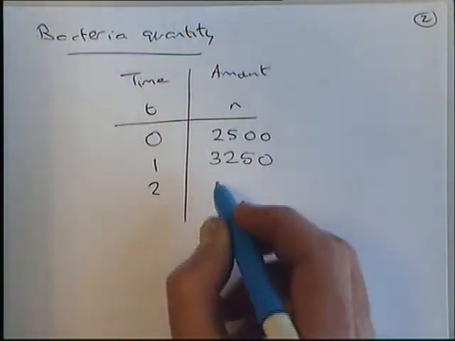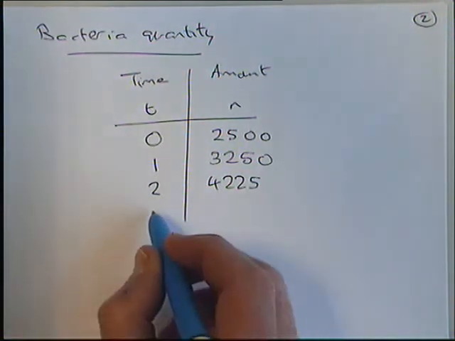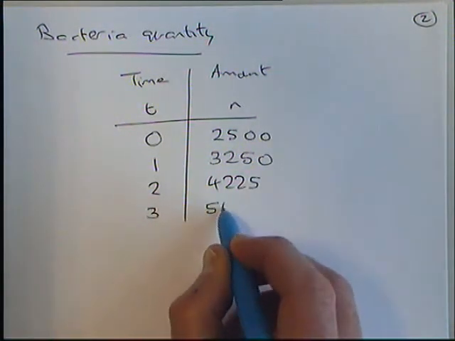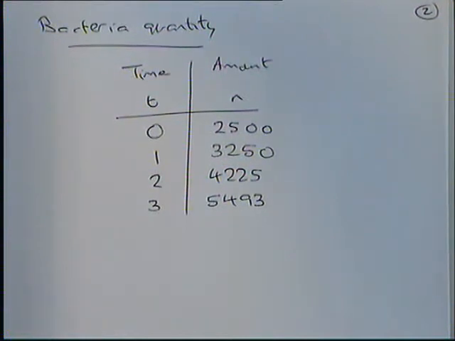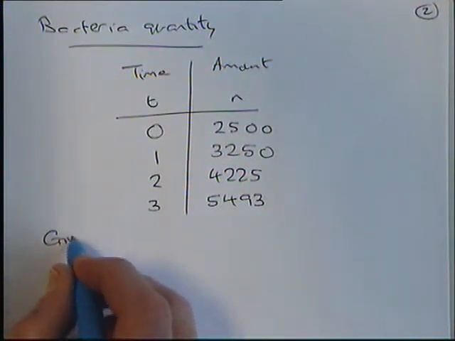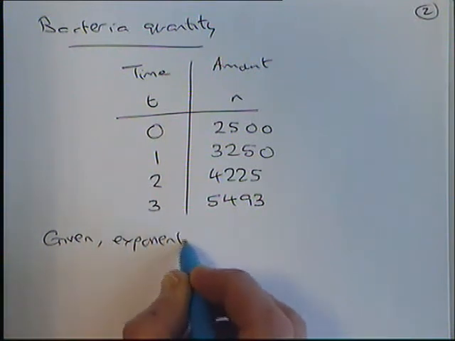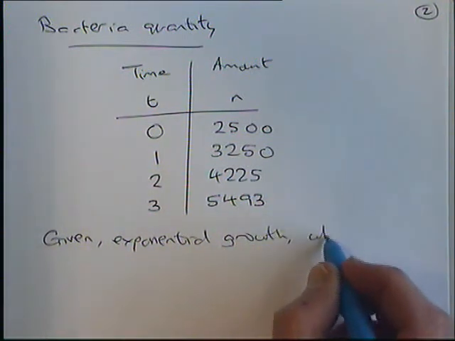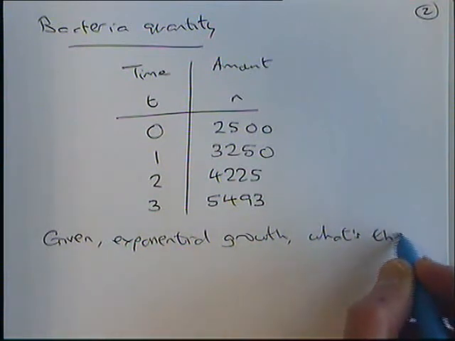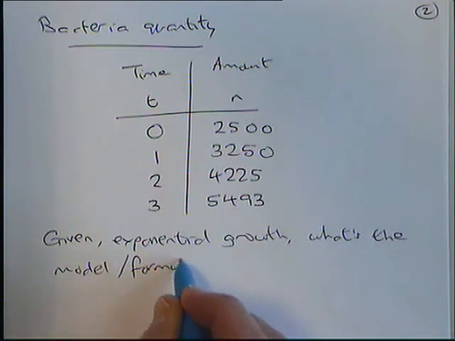After 2 time periods, we have 4,225. And after 3 time periods, we've got 5,493. So we can see we have growth. And what I want to come up with here is, given that there is exponential growth here, I want to know what's the model, what's the formula, in other words, for this growth.